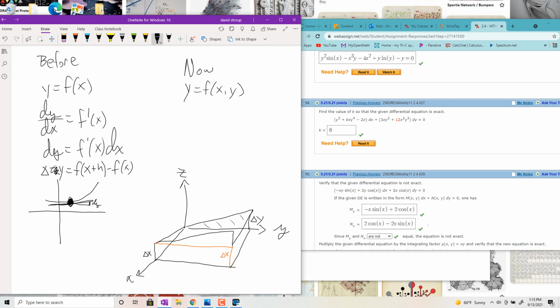And that should give us the change in z. So this height here is my change in z. So it's the change in y plus the change in x that gives you the change in z. And so you're going to see a sum in your differential.